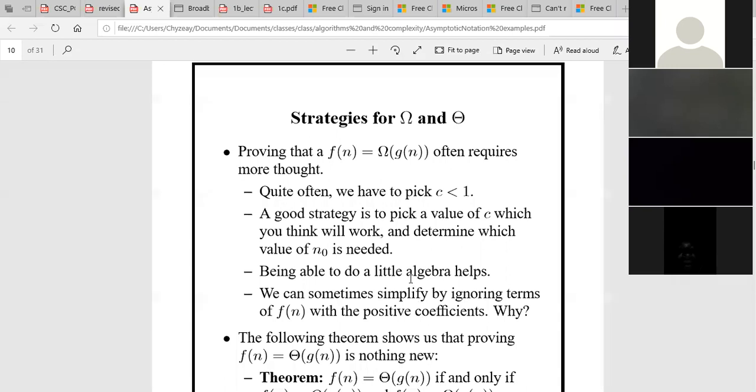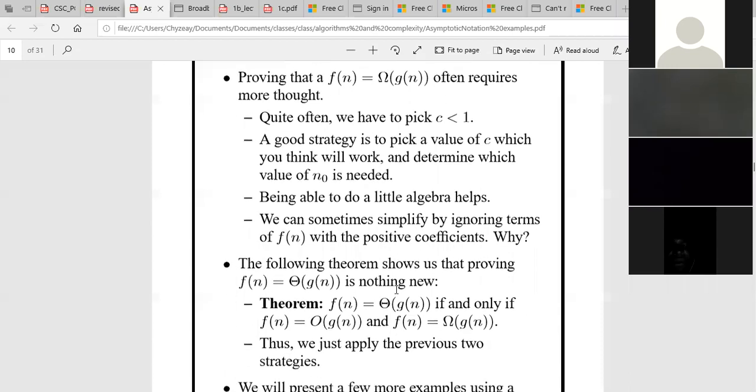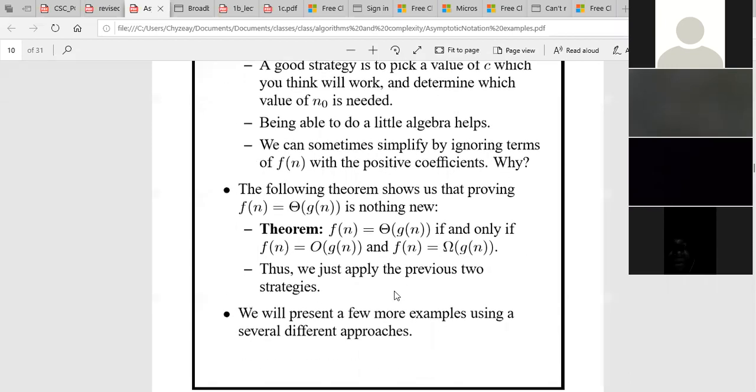Now, going further, we are talking about strategies, and I have given you the strategy for the big O. The strategy is to pick a value of C that you think will work, and that's why I told you earlier that whatever you choose for C is an assumption, and you can tune it in a way that will fulfill the proof. Of course, what helps here is why in the beginning of this course we first taught you mathematical induction.